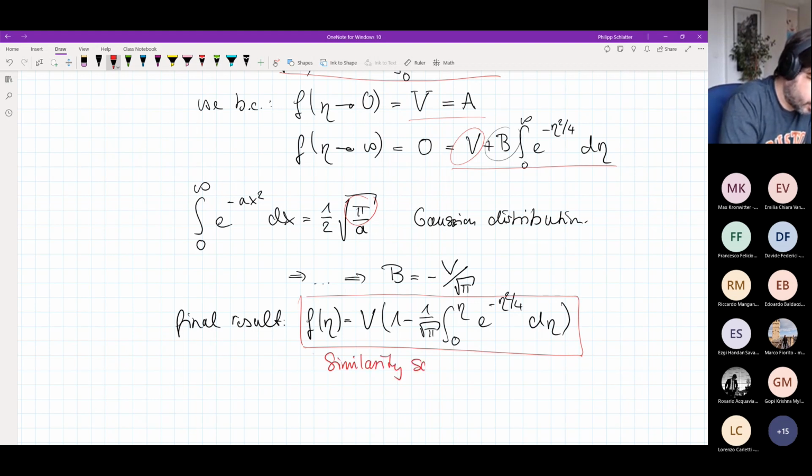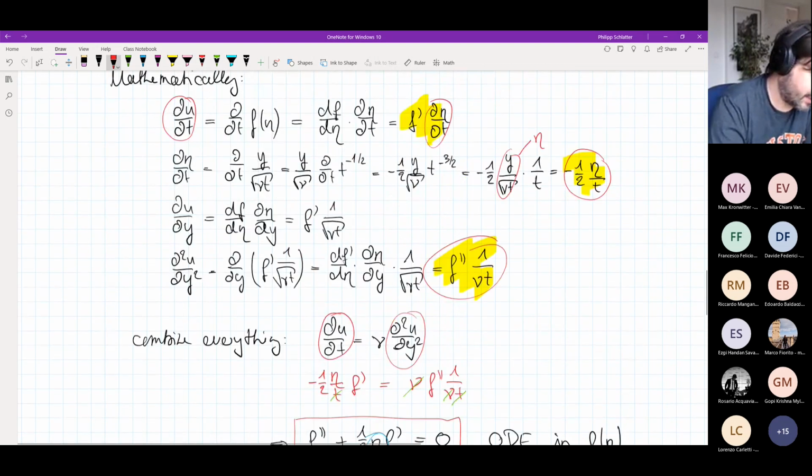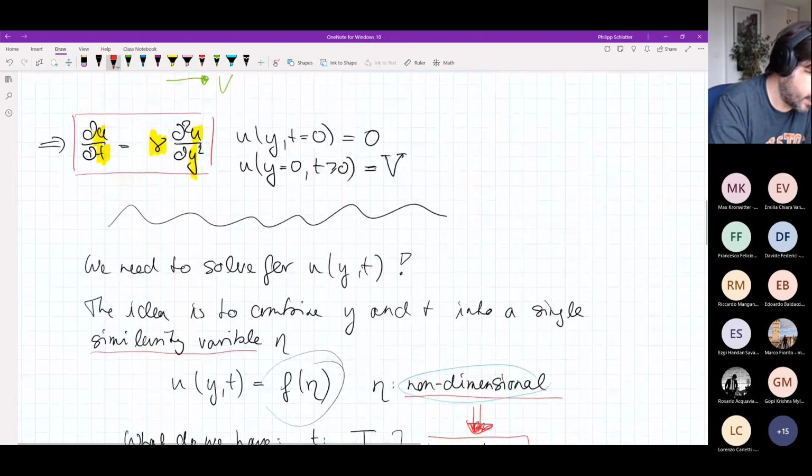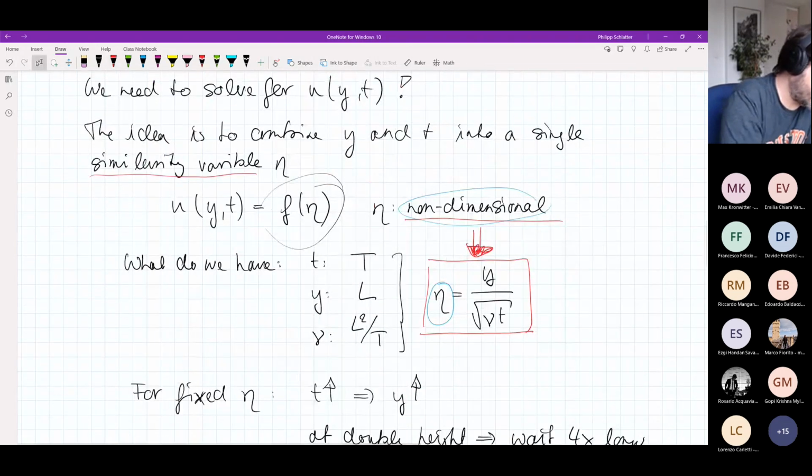I'm calling this the similarity solution because it's still written in terms of the similarity variable, f of eta. So it's written as a function of eta, which was our non-dimensional similarity variable that we have introduced in the beginning.